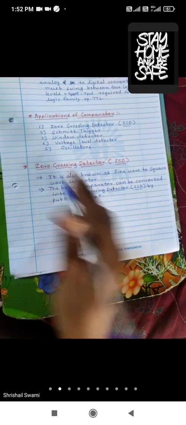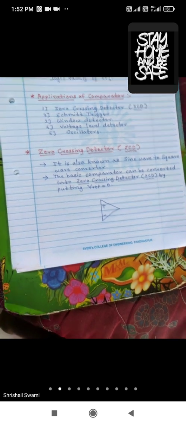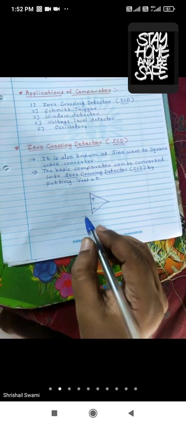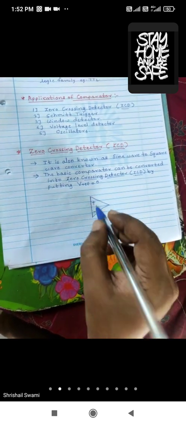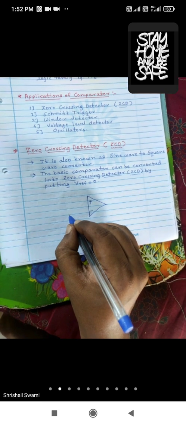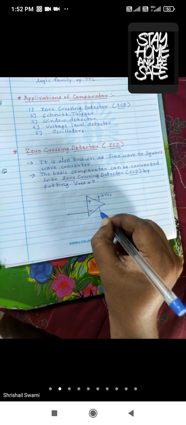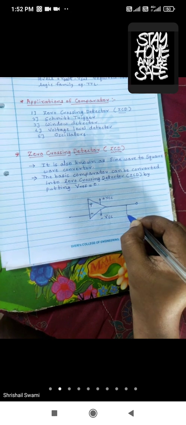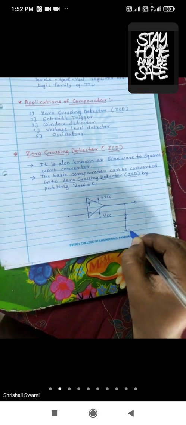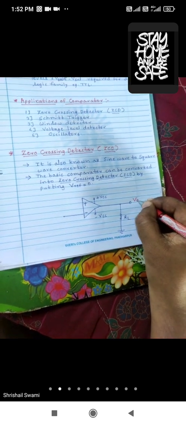You can consider any type, inverting or non-inverting. Suppose you are taking the non-inverting comparator, किंवा inverting घेऊया आपण first of all. Suppose inverting comparator you are taking, with plus VCC and minus VCC. The output we are getting across the load resistor RL, that is V0.